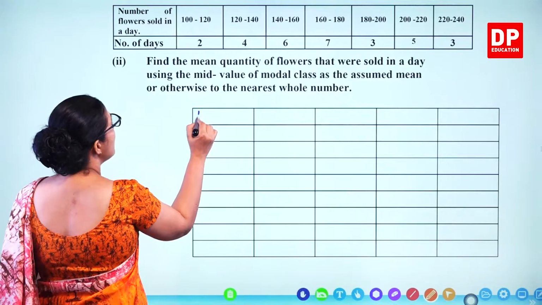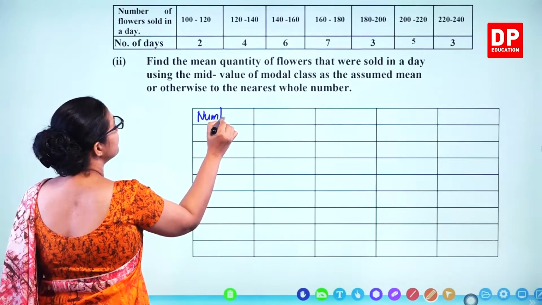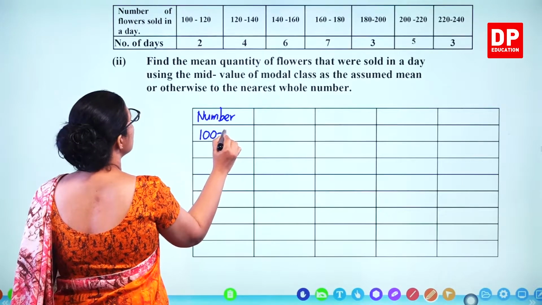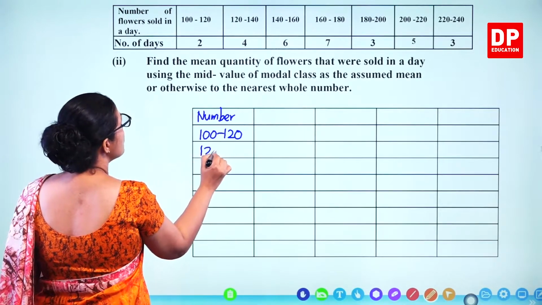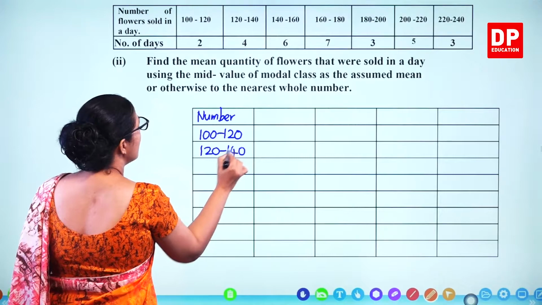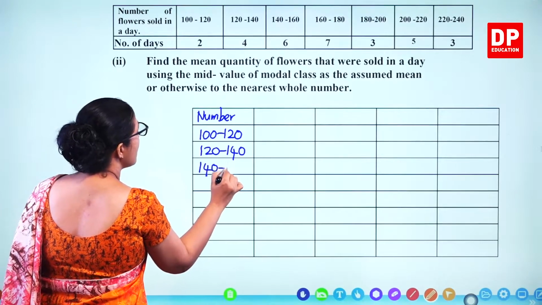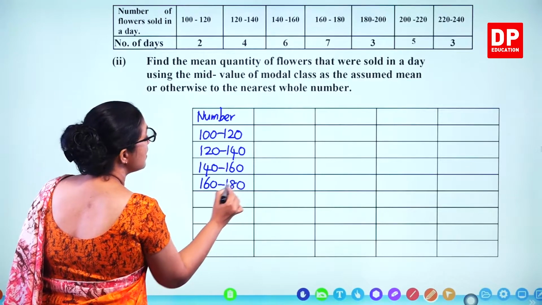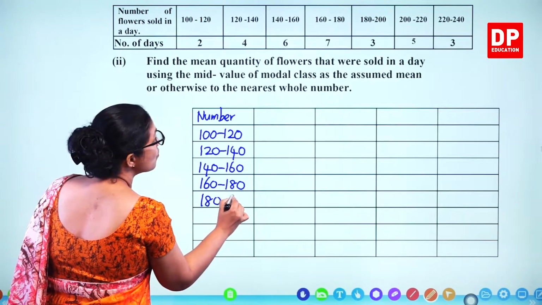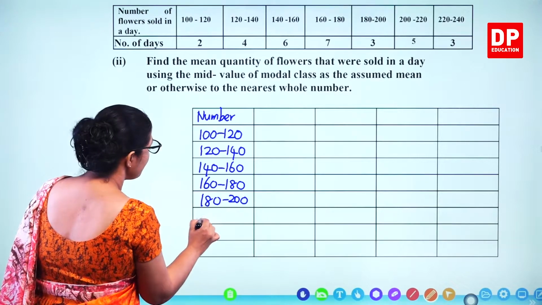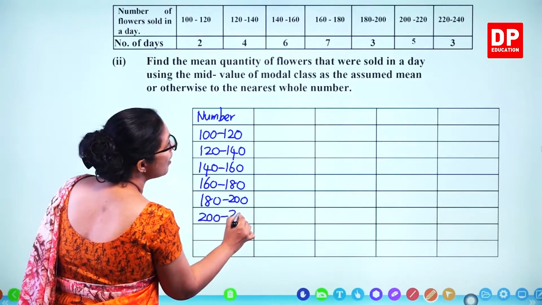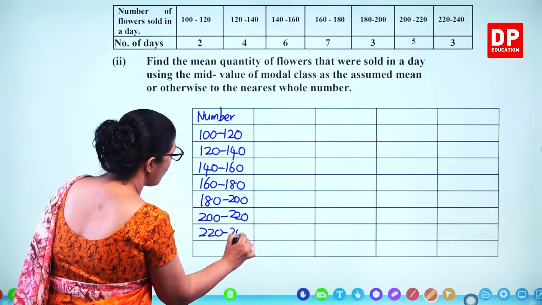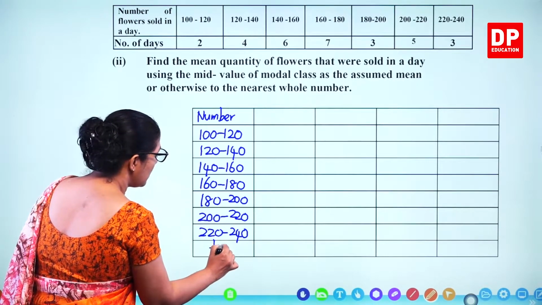So this is the number of flowers: 100 to 120, 120 to 140, 140 to 160, 160 to 180, 180 to 200, 200 to 220, 220 to 240. So this is the total.